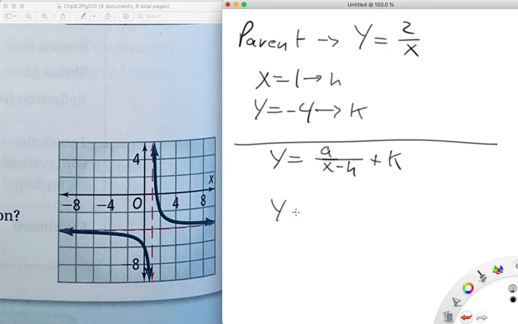So this is going to be y equals, the a is 2. So 2 over x minus 1, because that's my vertical asymptote. And I have a negative 4, minus 4. Y equals 2 over x minus 1, minus 4.